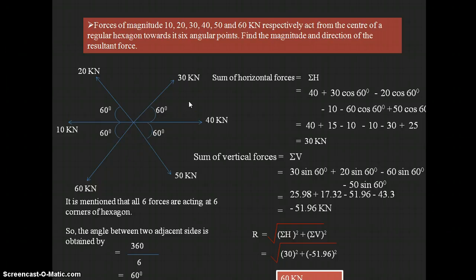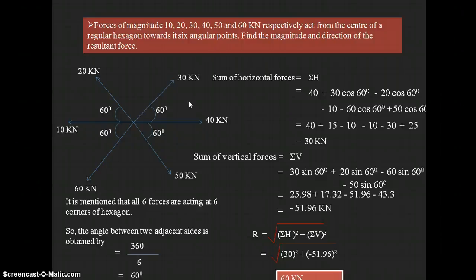I hope you understand how to find the resultant force acting on a body by finding the horizontal components and the vertical components of all the forces, and by taking the sum of the horizontal forces and the sum of the vertical forces, we can find the magnitude of the resultant force.